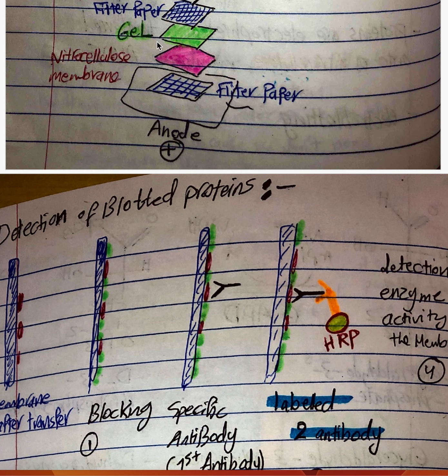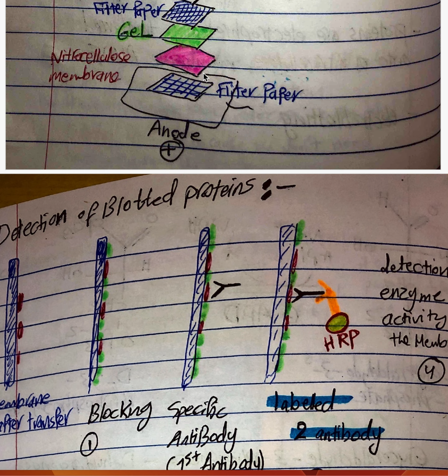Forget about the PVDF or nitrocellulose membrane for a moment. There is a buffer here called methanol buffer, and this methanol buffer facilitates the binding of these proteins to this membrane.